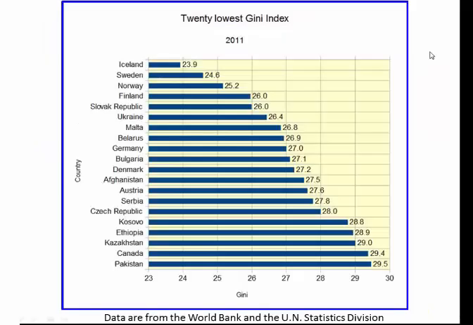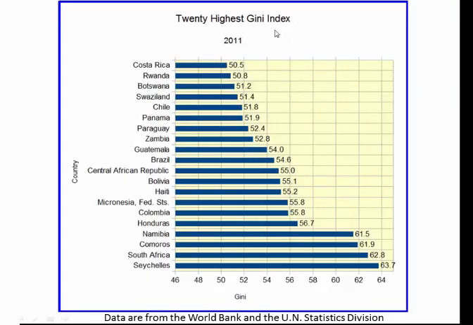A lower Gini coefficient indicates that you are closer to the line of income equality than a higher Gini coefficient. So if you look at these countries, these are countries of the world that are closer to the line of income equality than the highest ranking Gini coefficients of these countries, which means that they are farther away from the line of income equality.